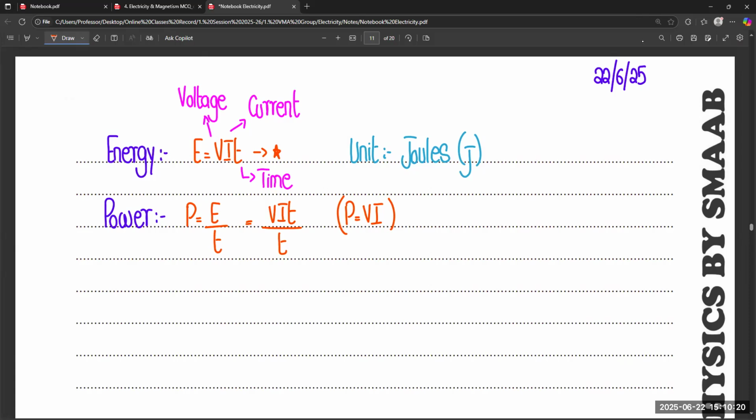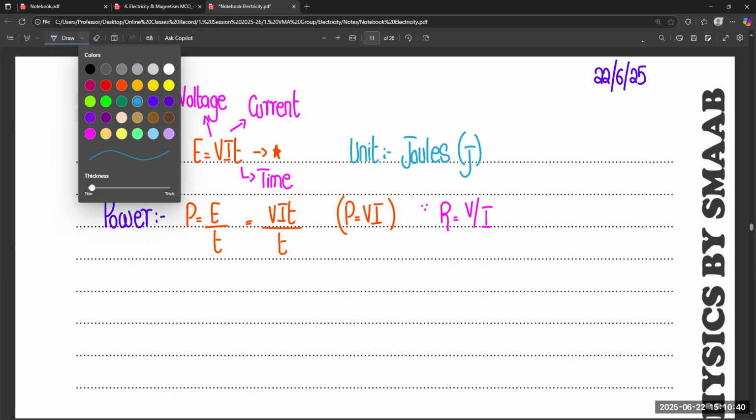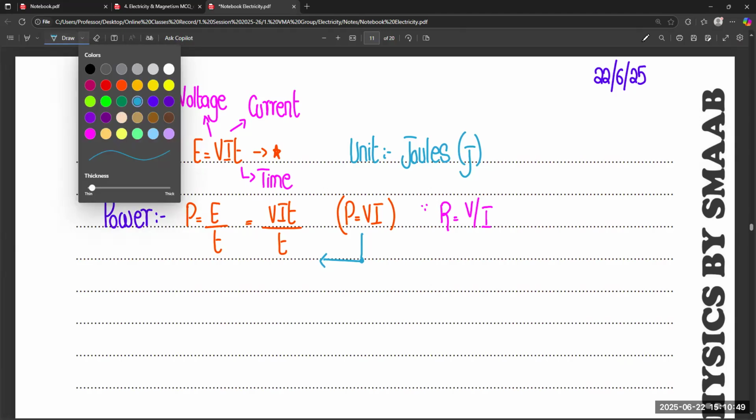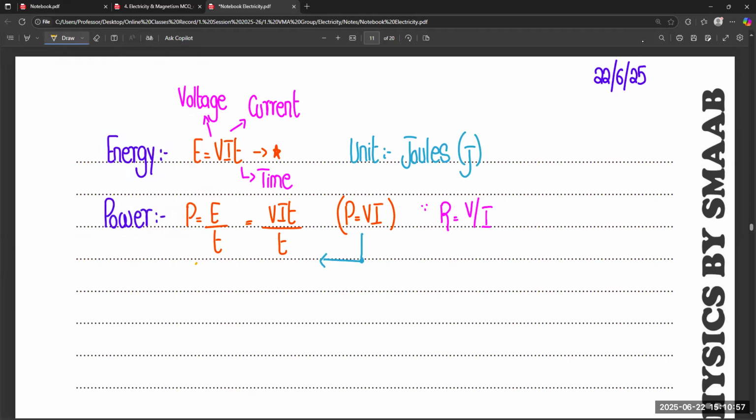But you remember the formula of resistance. The formula of resistance we discussed already. R is equals to V over I. So we can use this formula to make other variants of this power formula. For example, if we consider one variation, if we replace voltage, V is equals to IR.